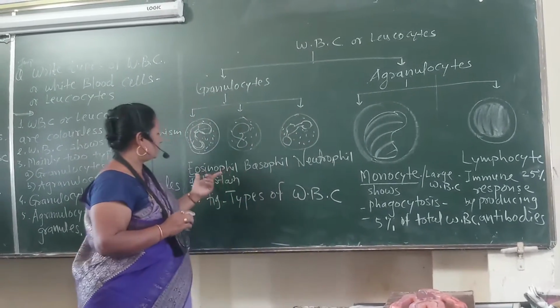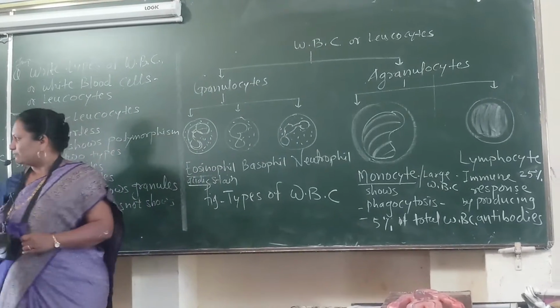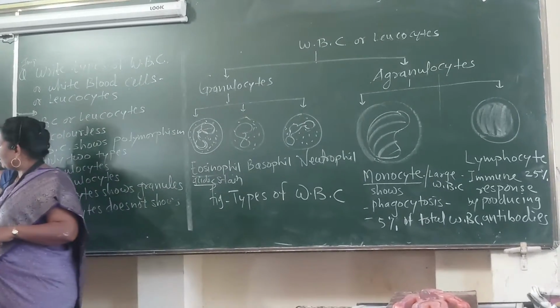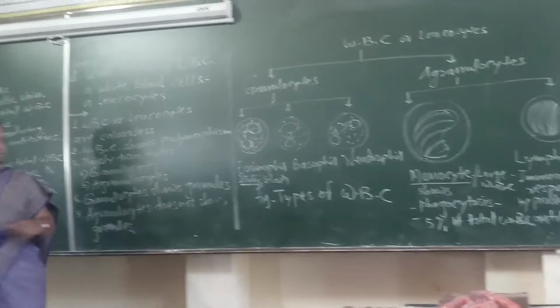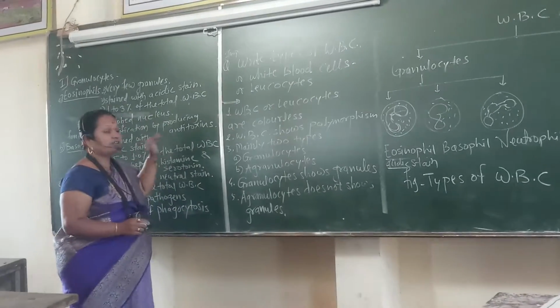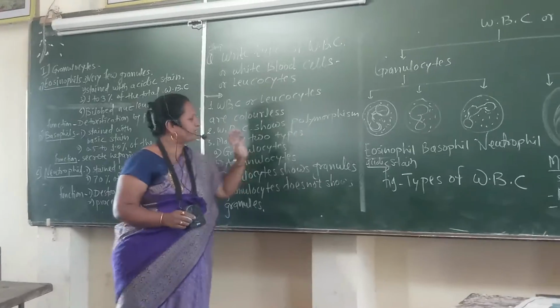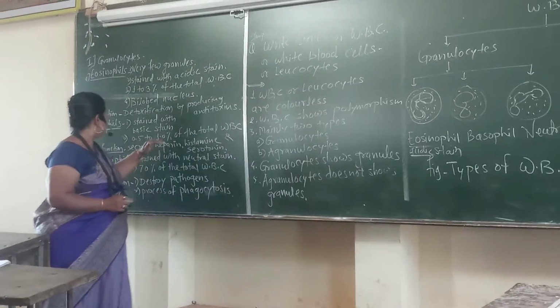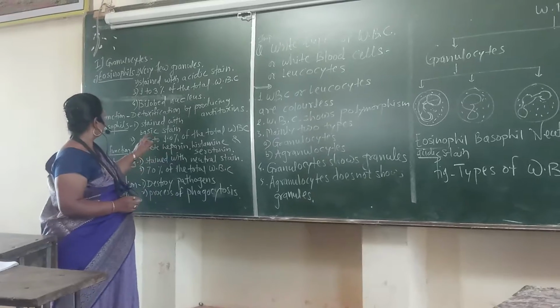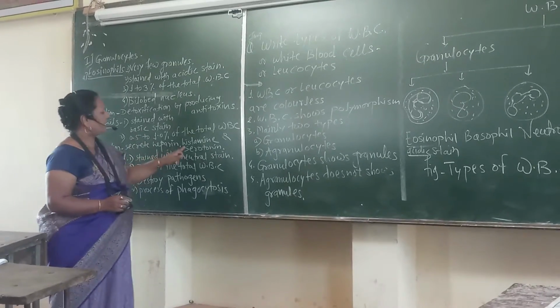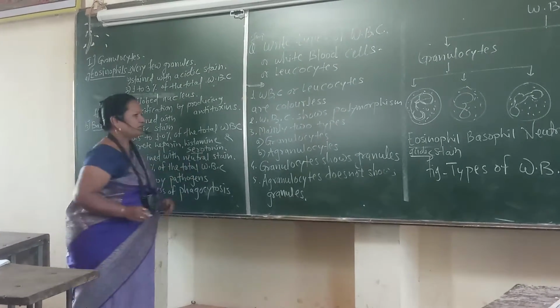What is the function of eosinophil? The first most important function of eosinophil is detoxification by producing antitoxins. Detoxification of our body. Then next, what is the function of basophil? The main function of basophil is to secrete heparin, histamine and serotonin.